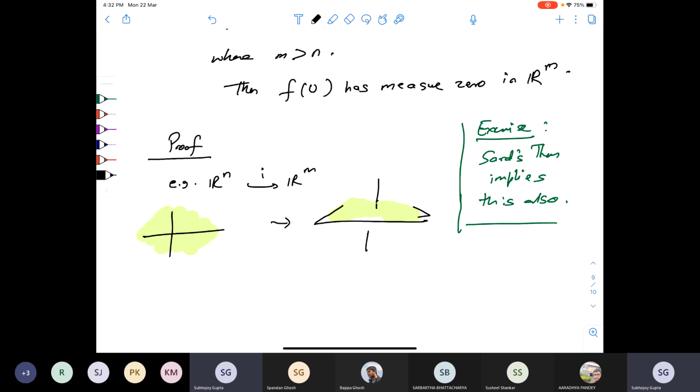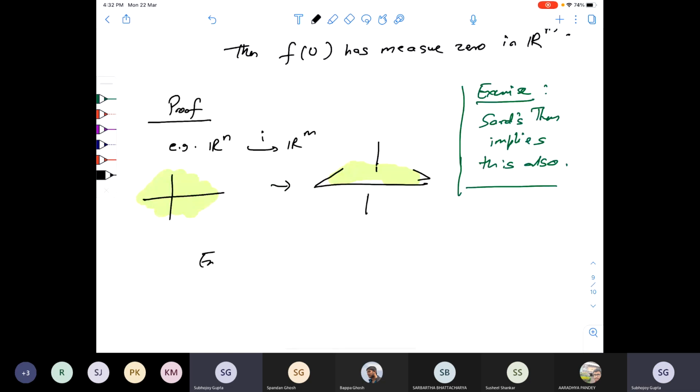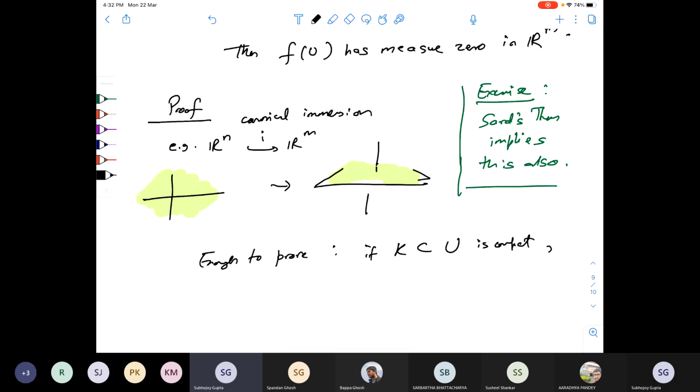So let me say this is a canonical immersion. Let me write that down. We have a canonical immersion of R^n to R^m. So it is enough to prove that if you have a compact subset K of U, then f(K) has measure 0.